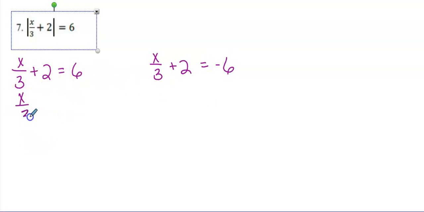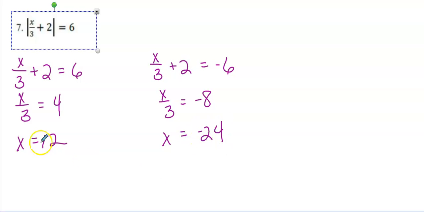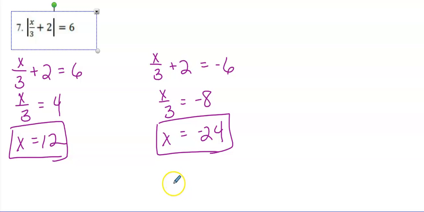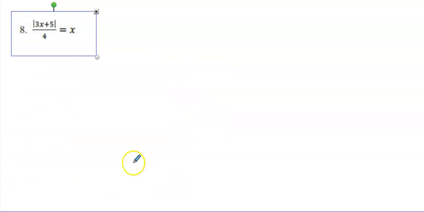Subtract 2, multiply times 3, x equals 12. Subtract 2 here. Multiply 3 times -8, x equals -24. If you did check those, you would find out that they both work, they both check. So we're just going to go ahead and say that those are the two solutions to that equation.